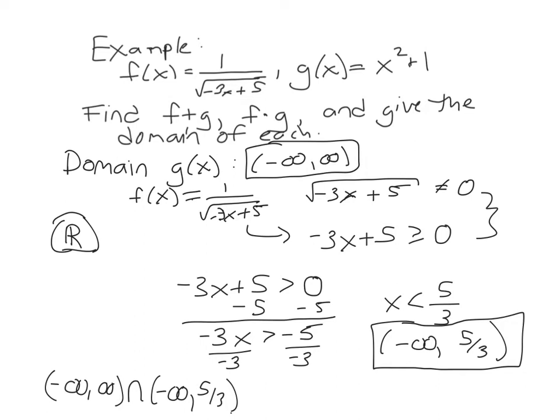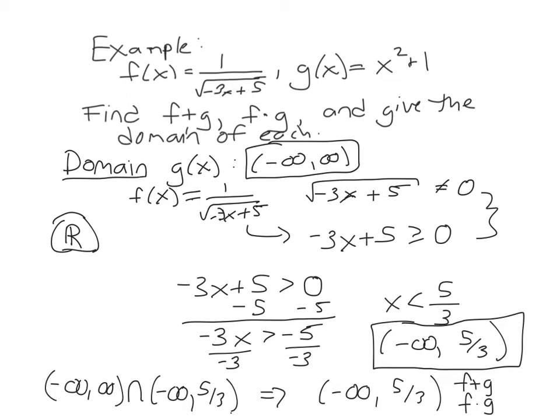So I know that the domain is going to be negative infinity to 5/3. Now, as I said before, we're not worrying about doing any division here, so this will be the domain for f plus g and for f times g.